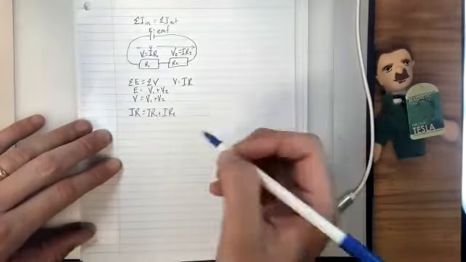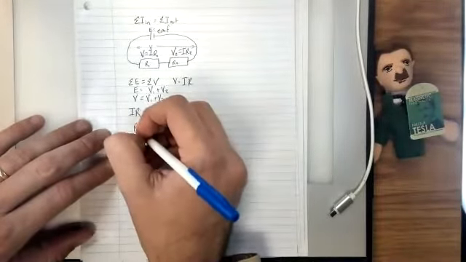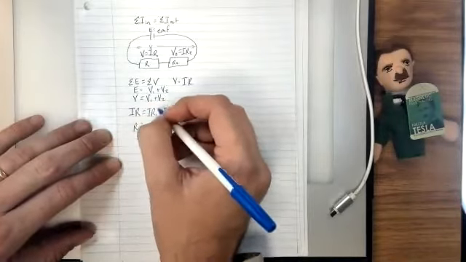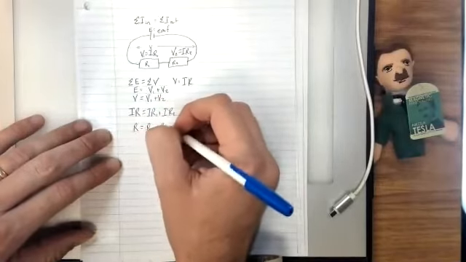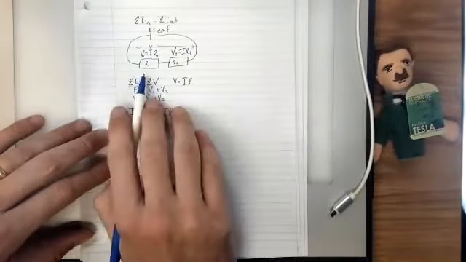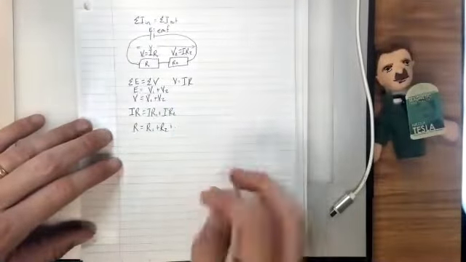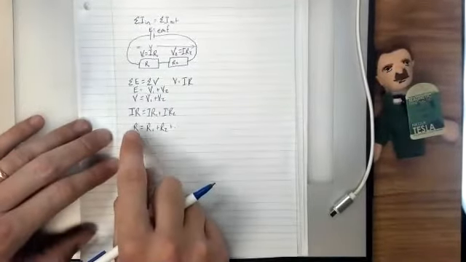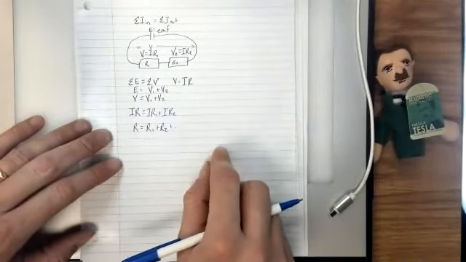And here we could factor out the common I, or divide by I. And so the combined resistance for resistors in series is just equal to R1 plus R2. We could imagine having other resistors in series with this, it would just continue to sum these resistors. And so that's how we can derive the equation for resistors in series.